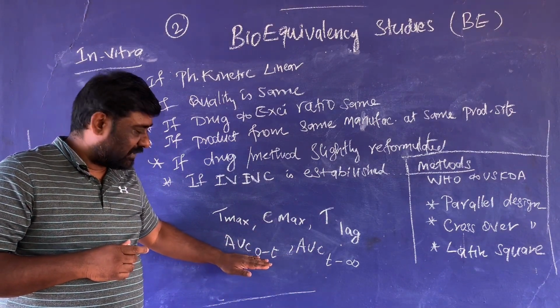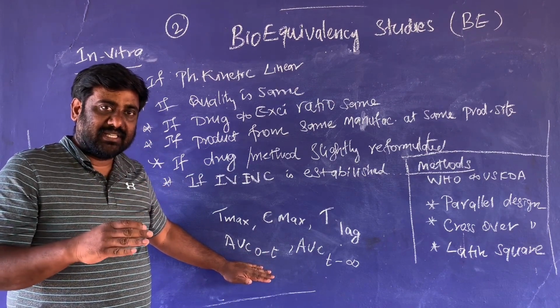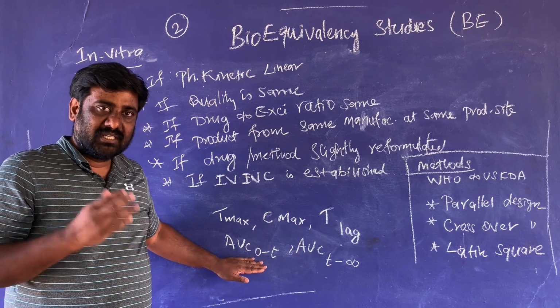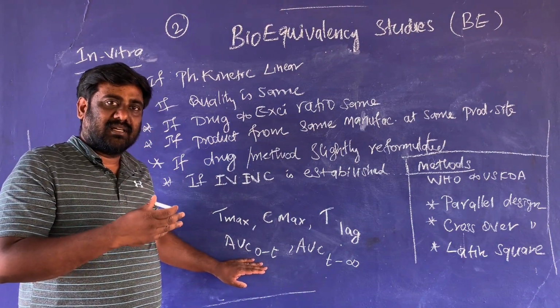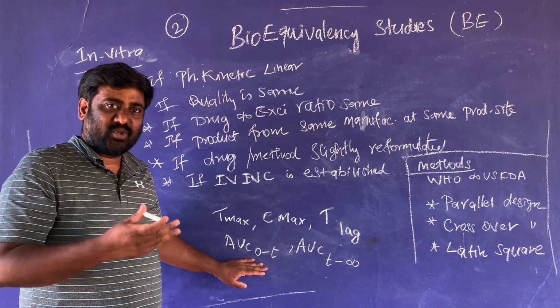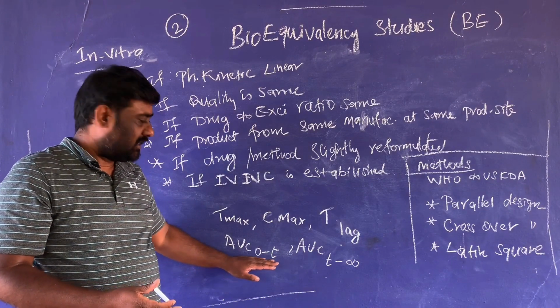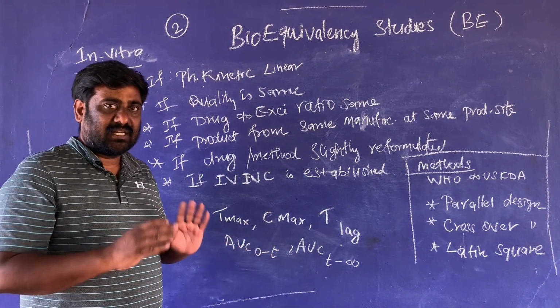We will compare mainly the AUC, same as relative bioavailability; bioequivalency is checked by using AUC. You know that AUC can be checked by different methods: planimeter, cut and weigh method, trapezoidal method, or integration. Any method we can use to check the AUC, and these two or three AUCs, whatever formulations are checked, are all compared.